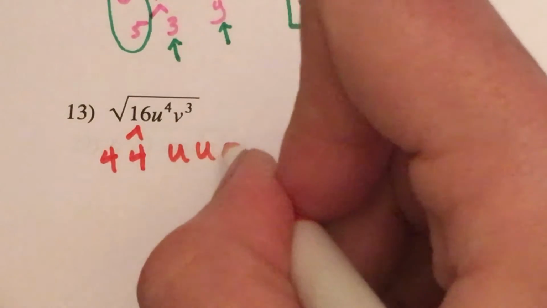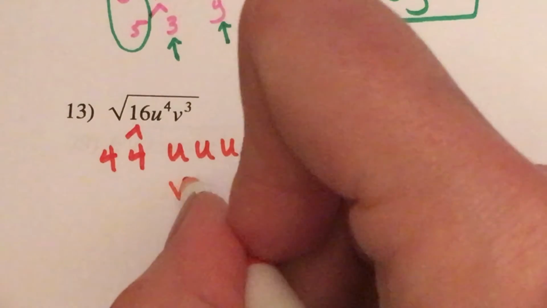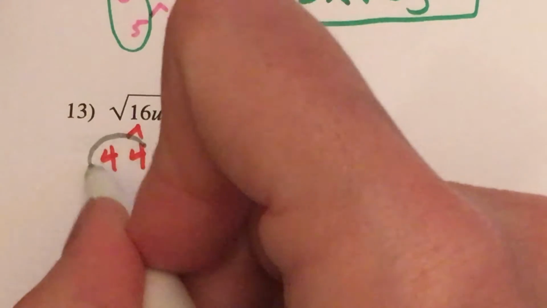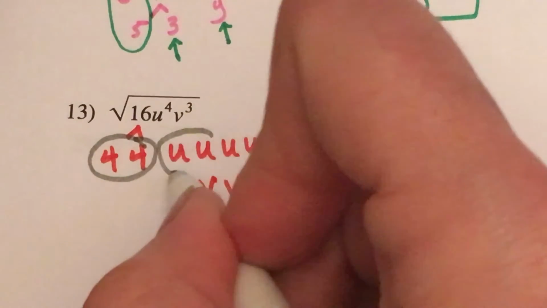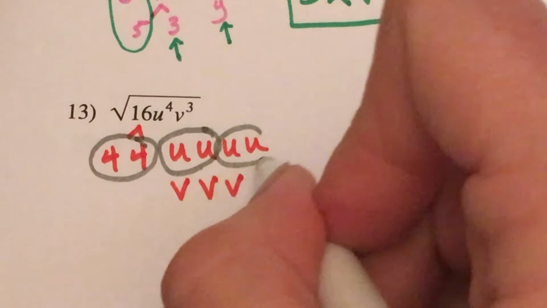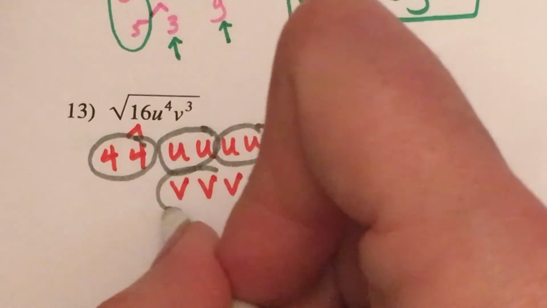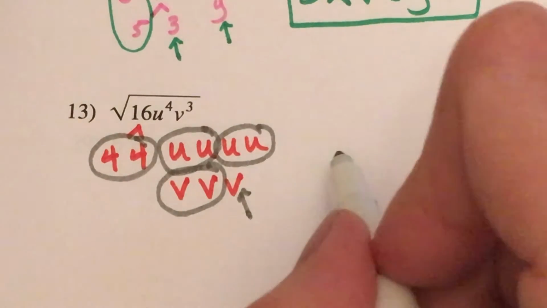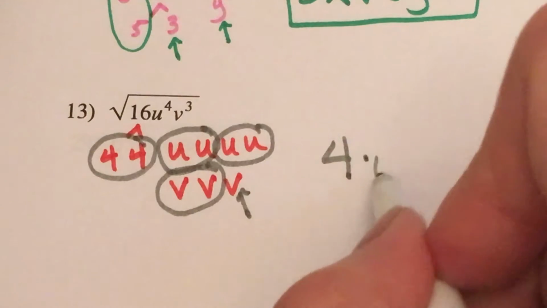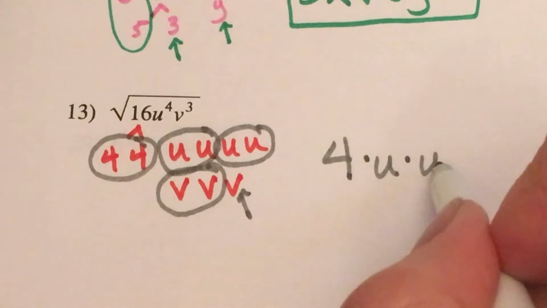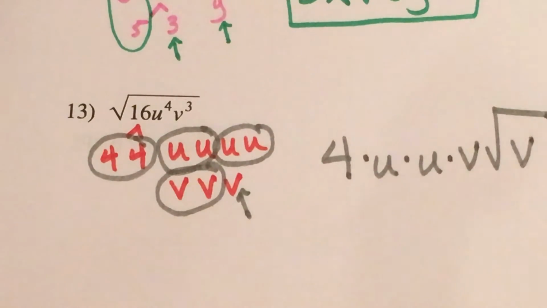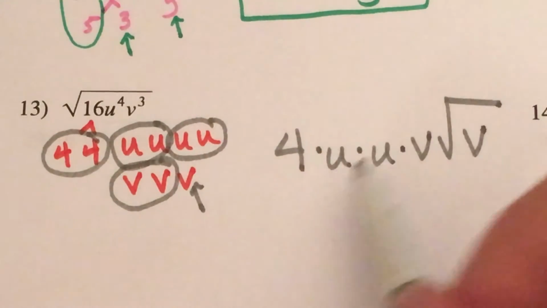I've got 4 U's and I have 3 V's. So I have a bundle of 4s, a bundle of U's, another bundle of U's, a bundle of V's, and a leftover V. Okay? 4 times U times U times V, square root of V. So let's clean that up.